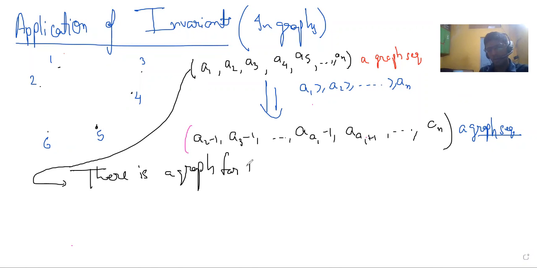We want a graph for the sequence in which 1 and 2 are neighbors, 1 and 3 are neighbors, and 1 till the (A1 plus 1)th vertex are neighbors of 1. We want that kind of graph. If you had that kind of graph, then you were done.